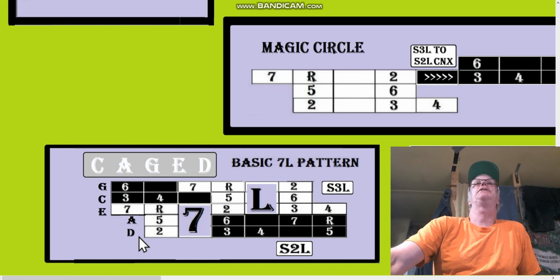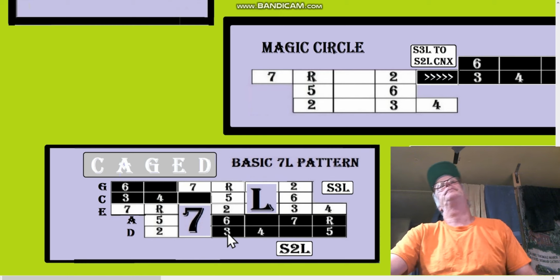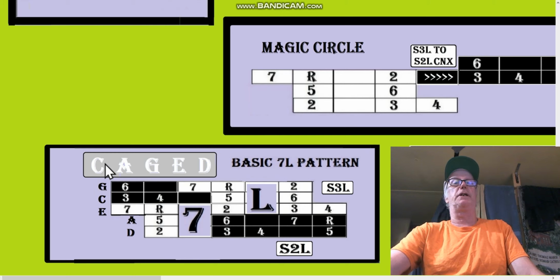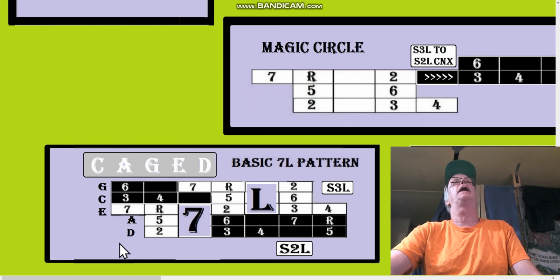I just gave each line a shape, so you know G shape is 6 to root, you know C shape is 3 to 5, you know E shape's root to 2 or 7 root to 2, Locrian there, and you know A shape is 5 to 6, and you know D shape is 2 to 3. The reason why I didn't say like I used to, and call this a D and this a C, is because it depends on what string you start on.